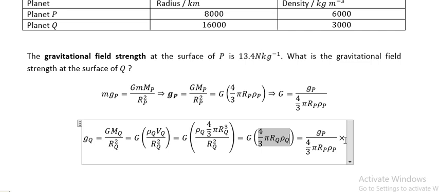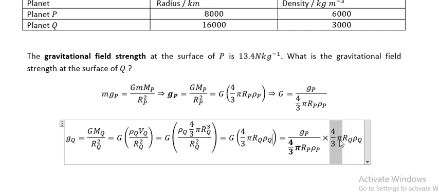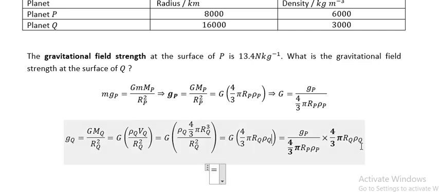Alright, and then we cancel off terms. 4/3 pi cancels with 4/3 pi. Now what we are going to be left with will just be the gravitational field strength at P, then the radius of Q times the density of Q divided by the radius of P times the density of P. That's what we have.